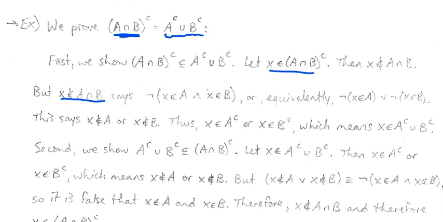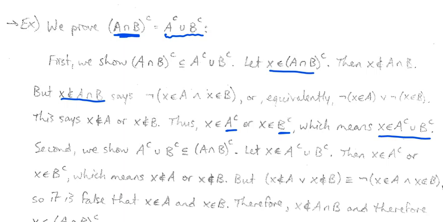And then similarly, X not in B, by definition, means that X is in B complement. So we have X is in A complement or X is in B complement. If X lies in this one or it lies in this one, then X lies in the union of those two sets. So that's why we say that X lies in A complement union B complement.